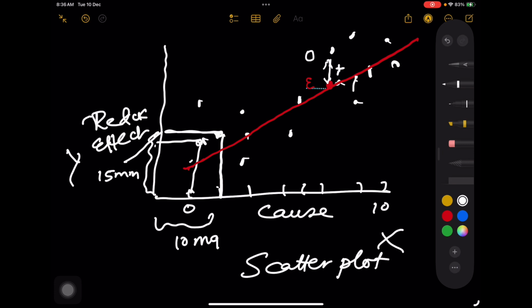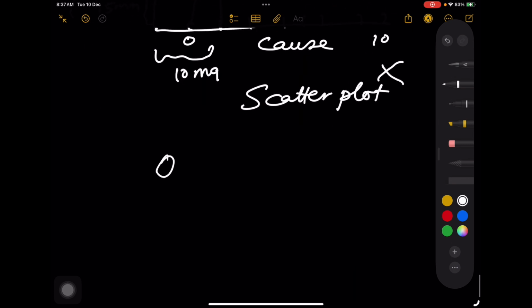But for this dot, the estimated value and observed value difference is negative. So for all the dots, you find out observed minus estimated, and you will get plus values and you will get minus values.